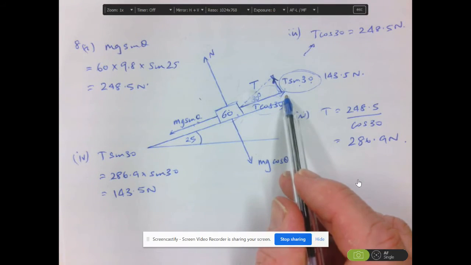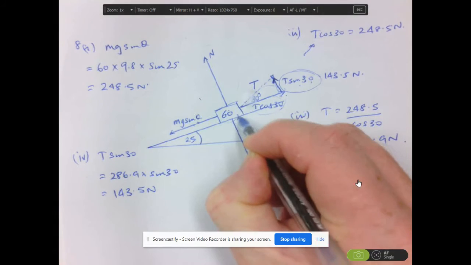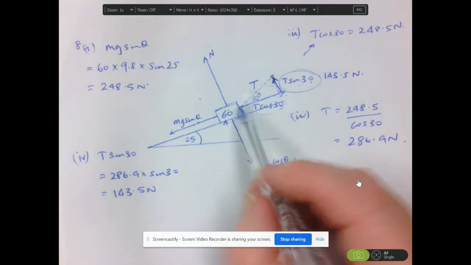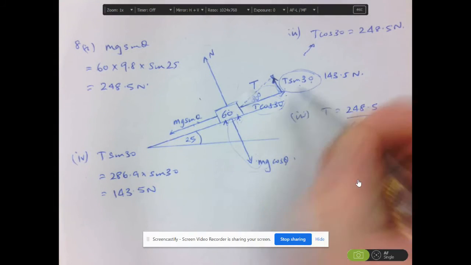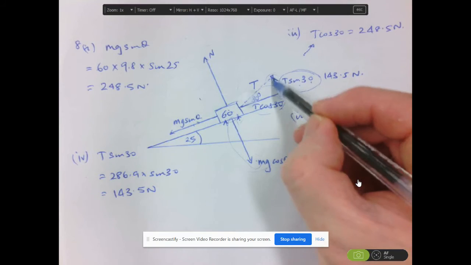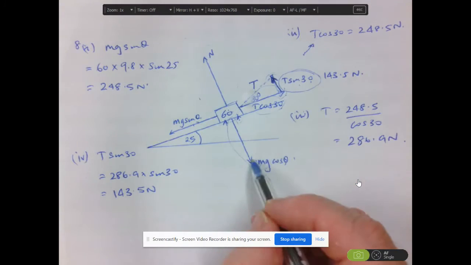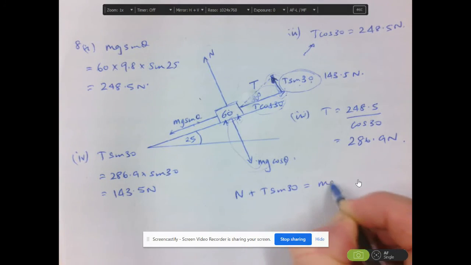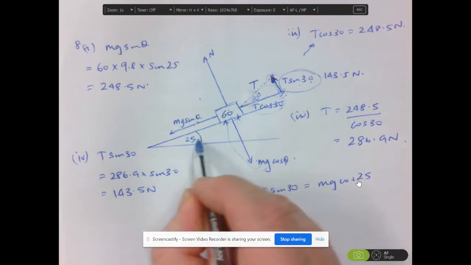Now the final question is: what's the net normal force? The net normal force is the force that the surface is actually pushing up with. Normally the normal force would be mg cos theta, but it's going to be less than this because some of the force is actually pulling the box up. So rather than adding these two forces, we have to subtract, because N plus T sine 30 would equal mg cos 25, since theta is 25 degrees.